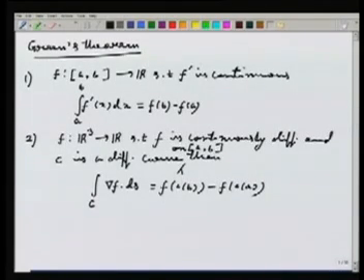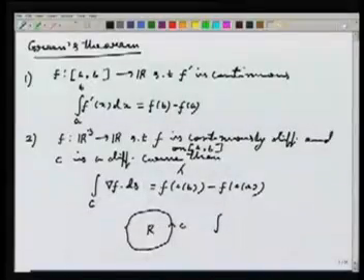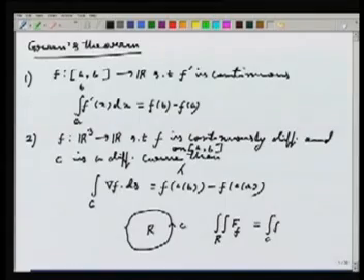Now if I try with some region like this, this is a region R, its boundary is a curve C. Then if I want to generalize the second fundamental theorem of calculus, I should have something like a double integral over R of some function which depends on a given function f. I will right now call it ff. It should be given by the line integral of a function f over C. You know, the dimension comes down by one.